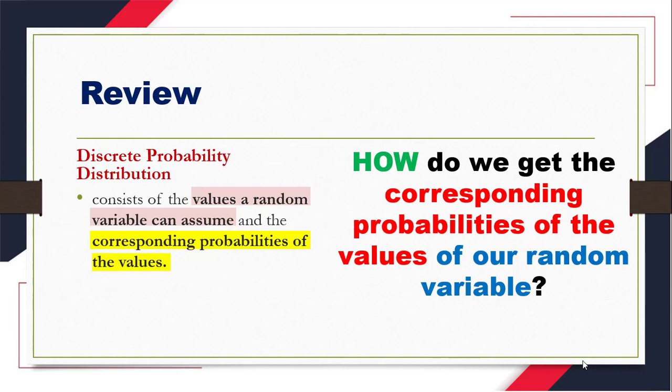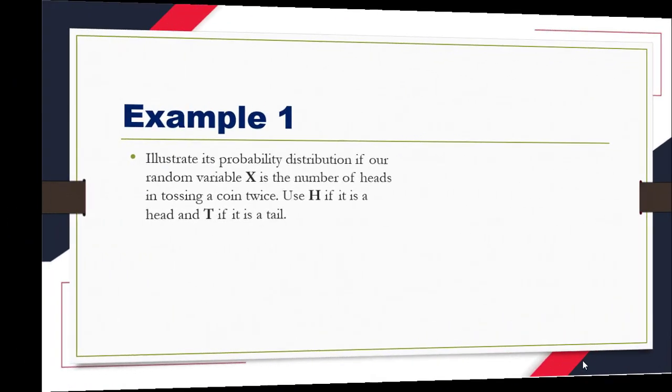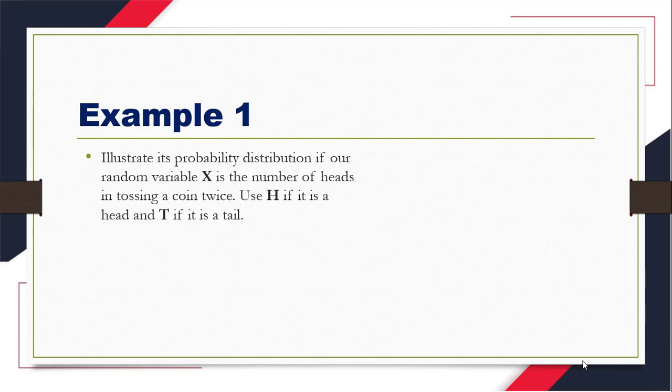To answer that, let us take our first example. Illustrate the probability distribution if our random variable X is the number of heads in tossing a coin twice. Use H if it is a head and T if it is a tail.